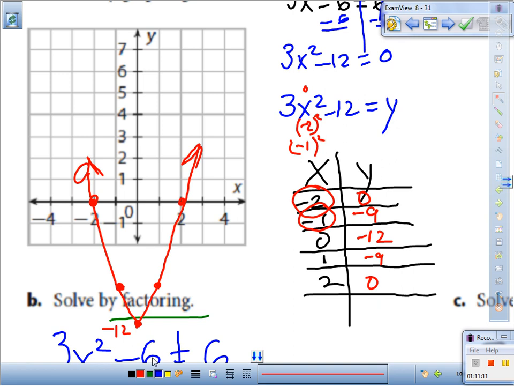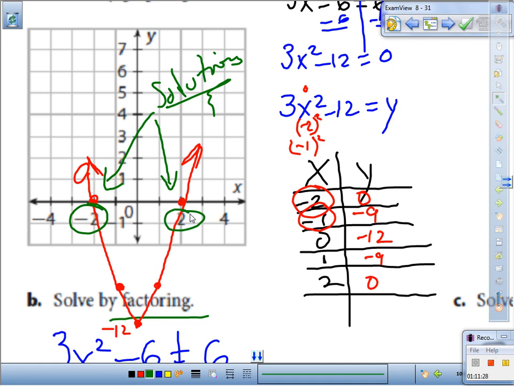And then you're going to point to these. Solutions. What are the solutions? Negative 2 of x and 2 of x.